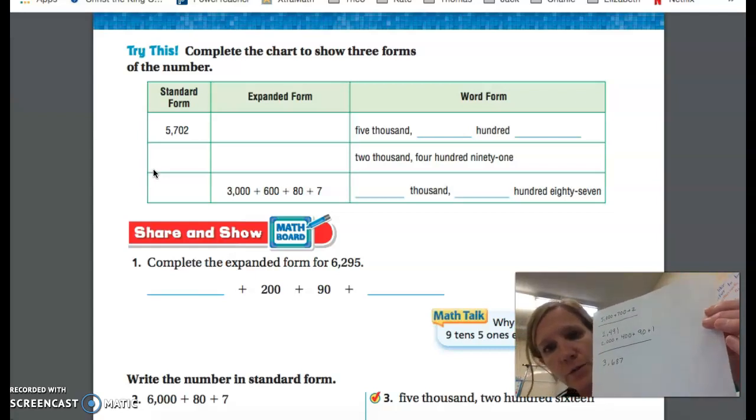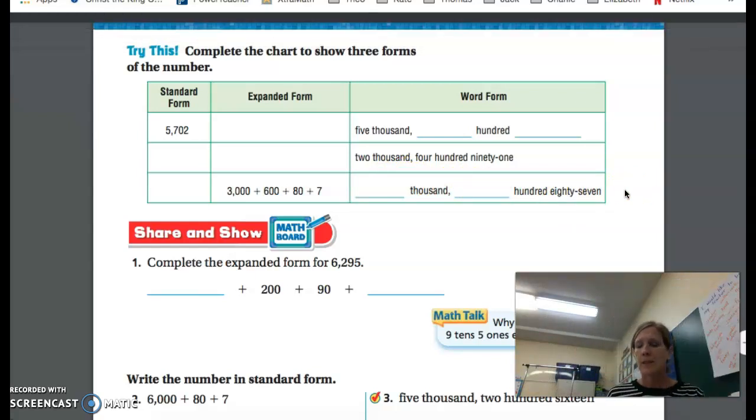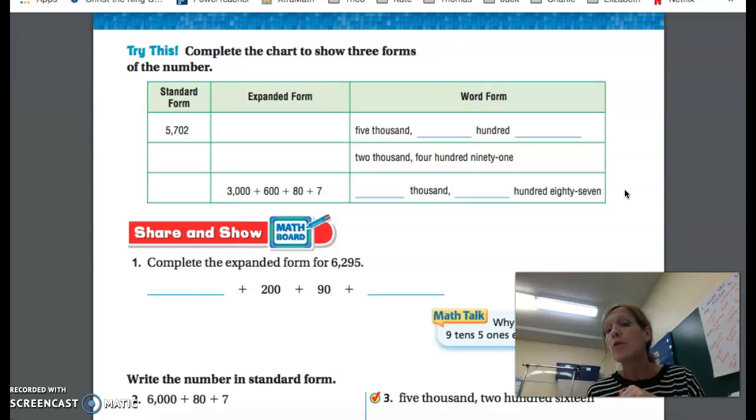So that would be our standard form, and then we just have to fill in the blanks. 3,600, and they already did 87 for us. Good.